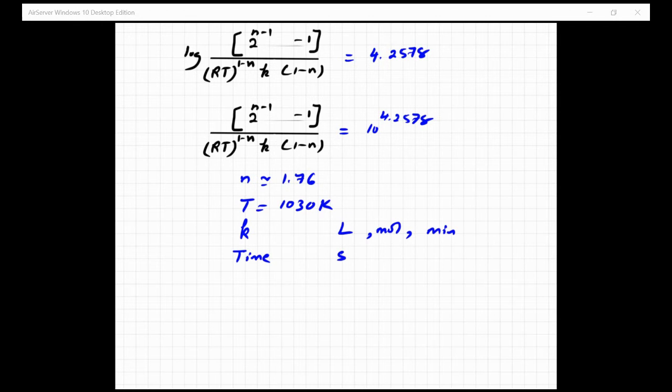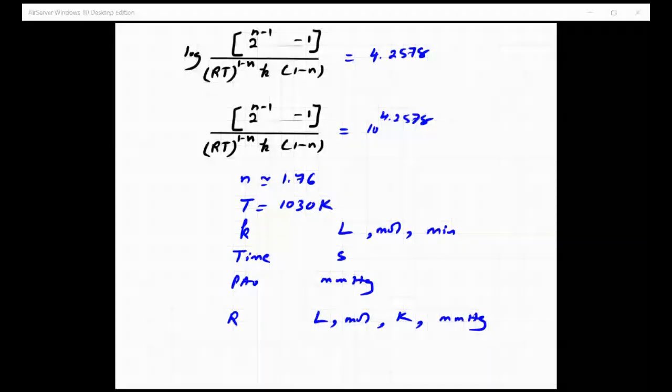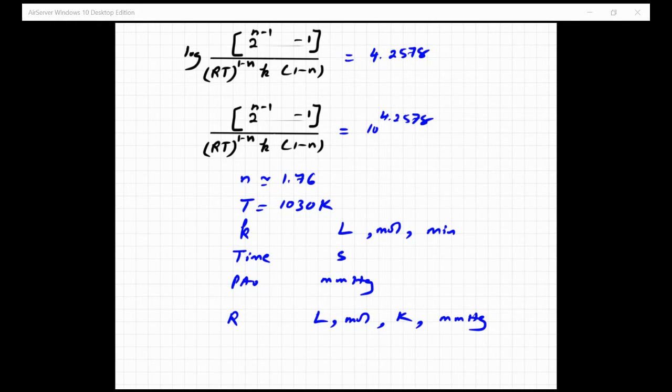But now the pressure PA naught is given in millimeter of mercury. So I need to have a value of R which has units of liters, moles, Kelvin, and millimeter of mercury, so as to get the units of K later on, in liters and moles.